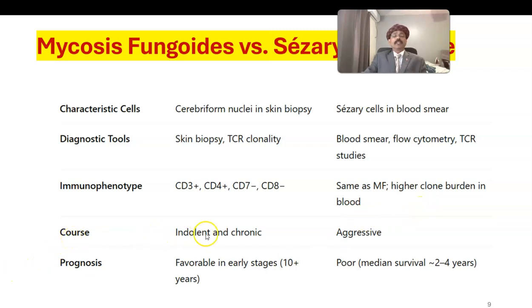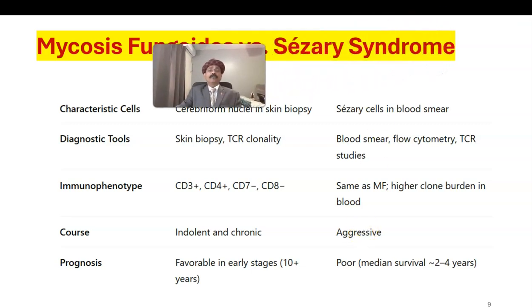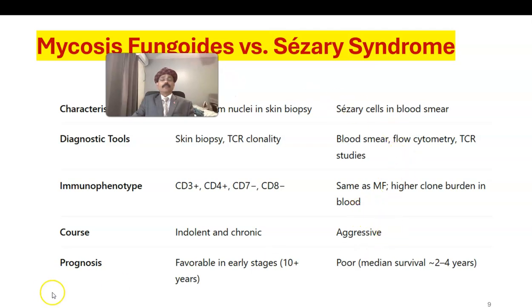Course: indolent and chronic in Mycosis fungoides. In Sézary syndrome, it is aggressive. Prognosis in Mycosis fungoides is favorable in early stages, 10 plus years. With Sézary cells in blood smear, poor, median survival 2 to 4 years.